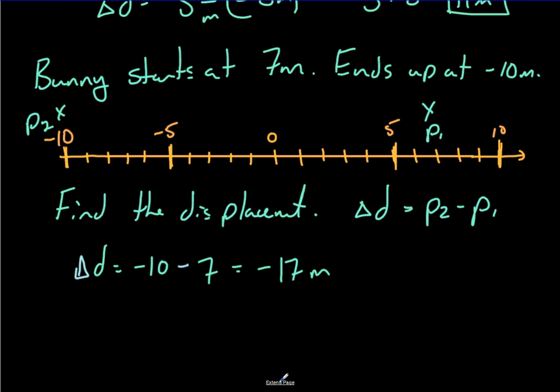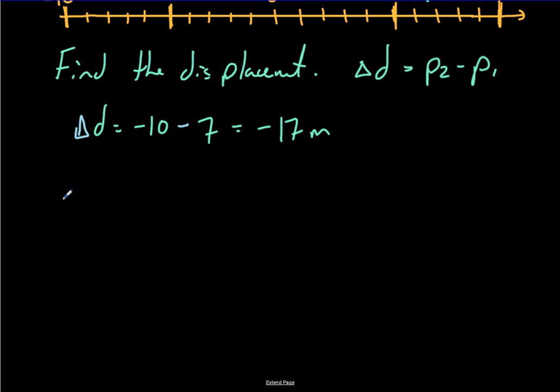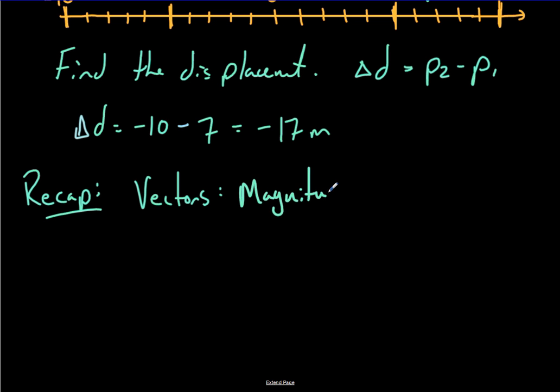So we learned a lot, and I'll do a quick recap, because we surprisingly covered quite a bit of stuff in a very short amount of time. Recap, number 1, vectors. These are measurements with magnitude and direction.